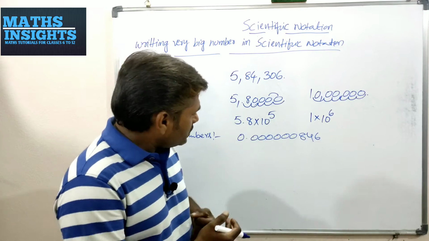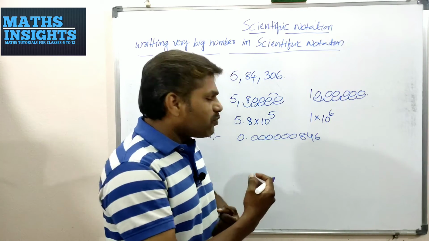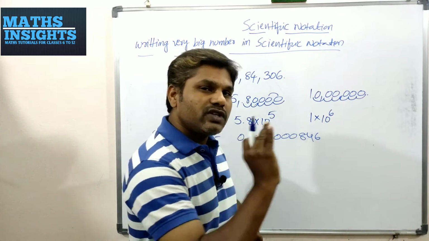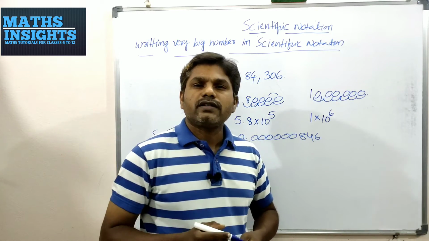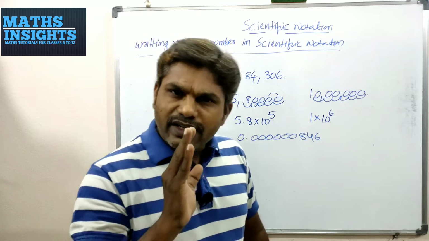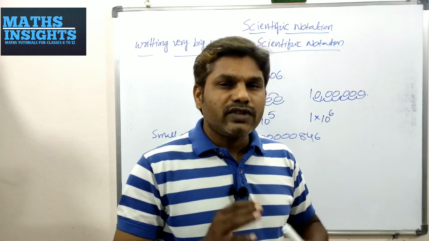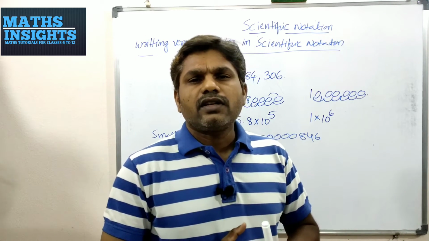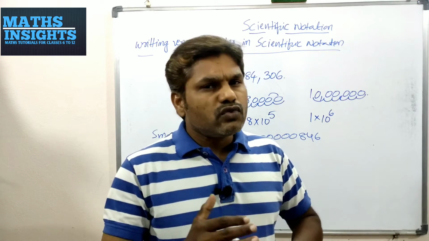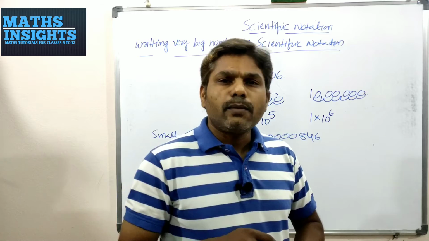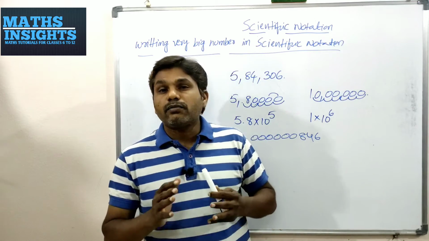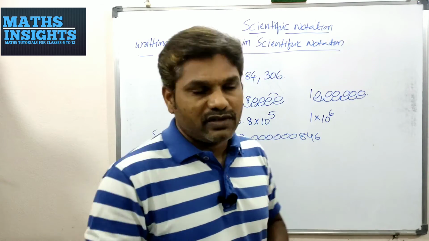Then count how many places you are moving the decimal point towards the right side. When you move the decimal point towards the right side, you are increasing the value of that number. To restore its value, to counterbalance, you have to multiply the number with 10 power a negative number.